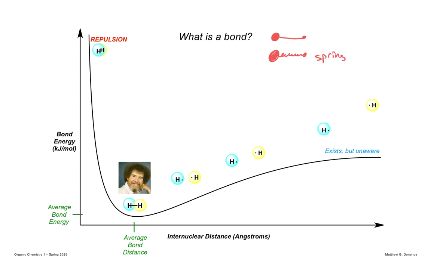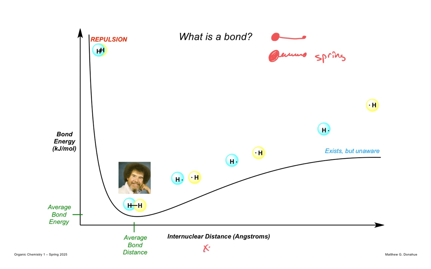The best way to think about it is a coiled piece of metal called a spring. So when we're reading this graph here, this is a common graph to describe how bonds look.